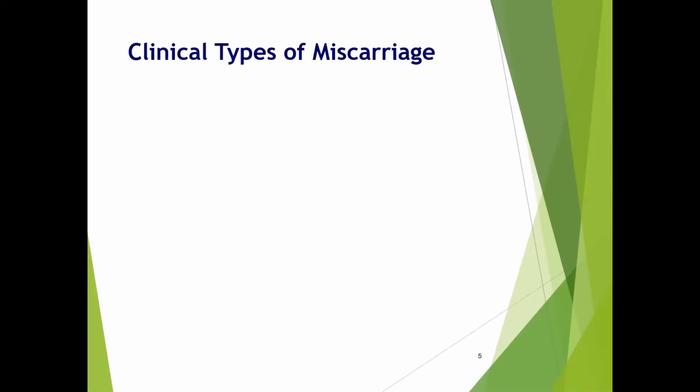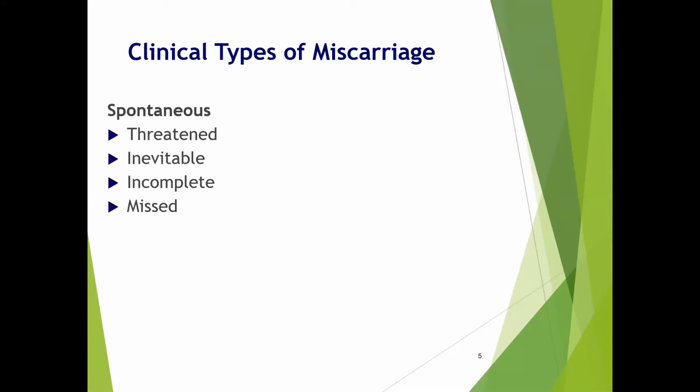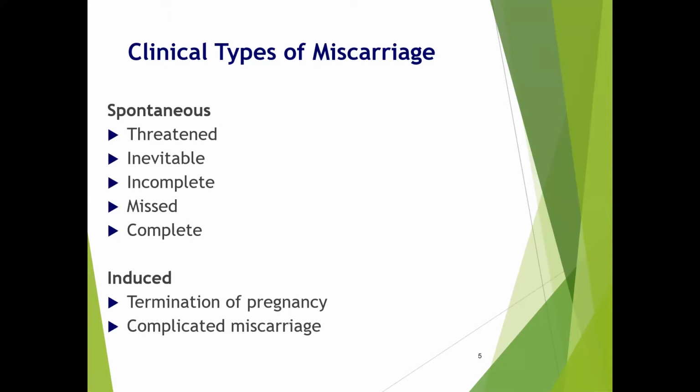And it's important to be able to classify these miscarriages so that we can appropriately manage them. We are all taught from medical school the types of miscarriages. We can have spontaneous miscarriages and those miscarriages that are induced. Under spontaneous miscarriages, we have threatened, inevitable, incomplete, missed, and complete.